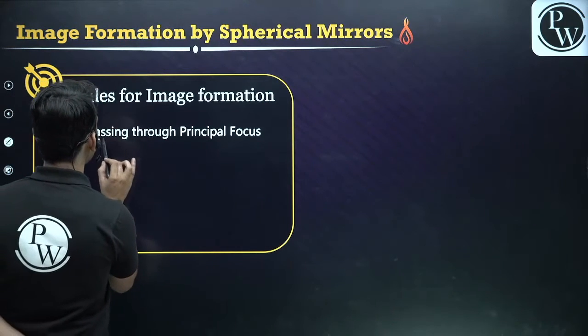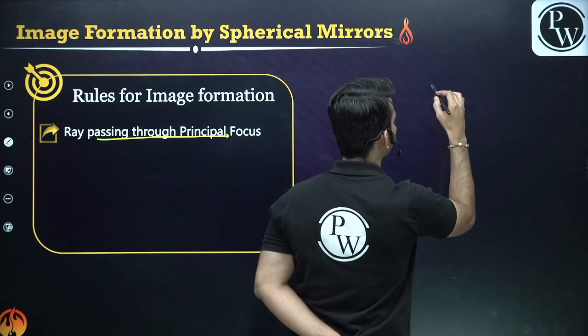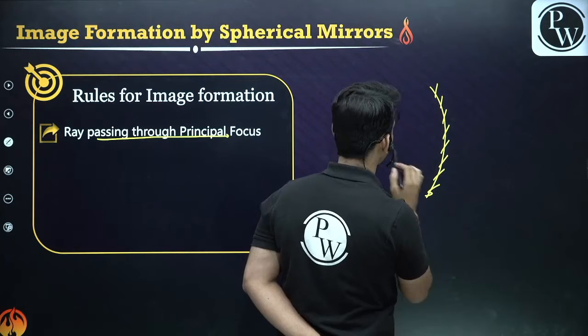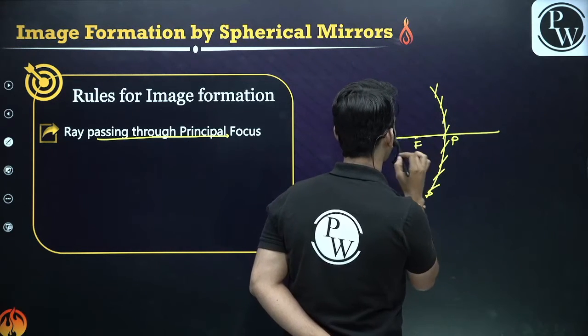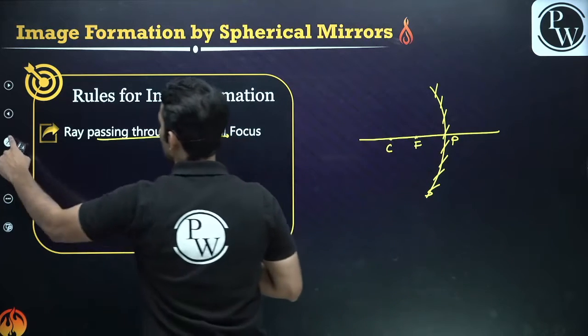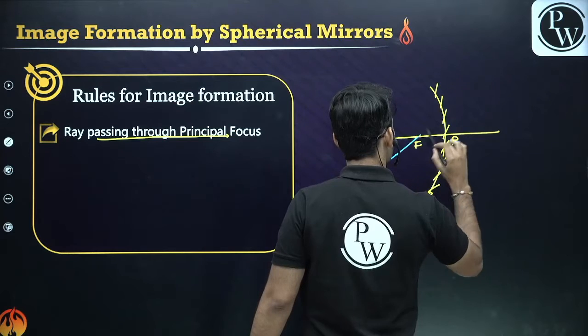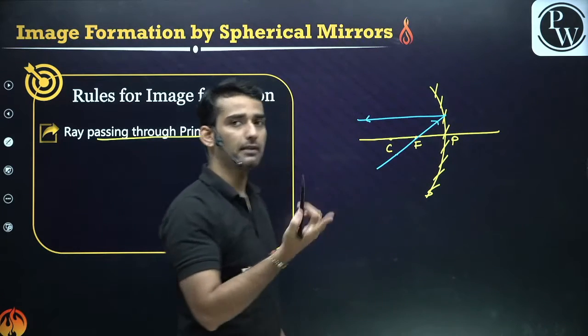First is any ray passing through the principal focus. What happens if you pass a ray through the principal focus, guys? This is the principal axis, this is the pole, this is the focus, this is the center of curvature. If you pass any ray through the principal focus, it will become parallel to the principal axis, or vice versa.